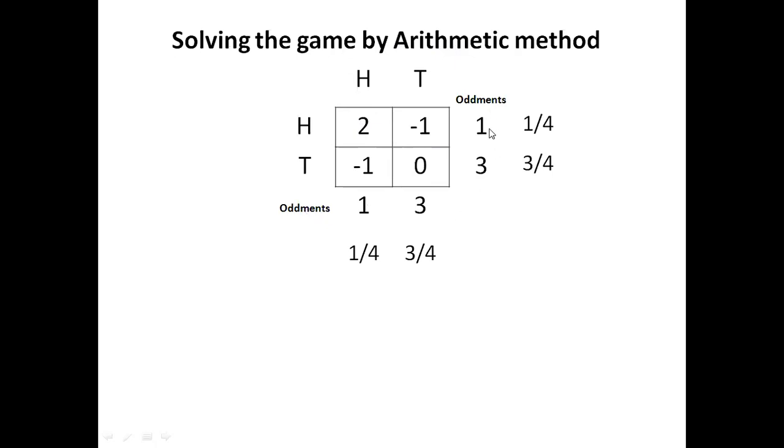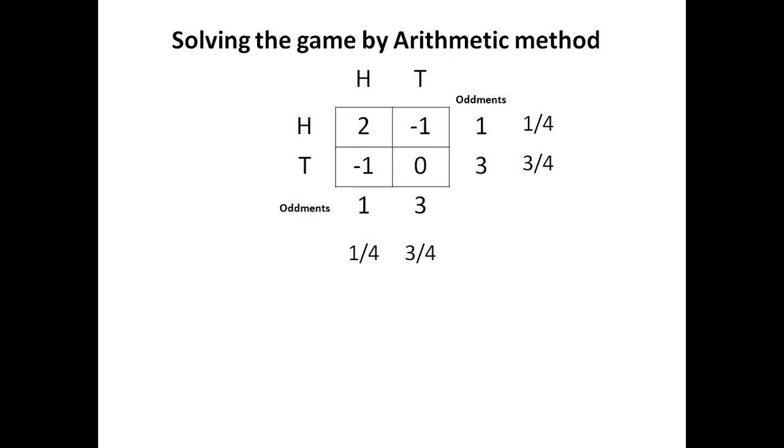Then after finding the oddments, one more thing I would like to clarify here. These oddments are nothing but the frequencies with which the corresponding player is going to play. Let me give one instance. Suppose two teams are playing a cricket one day series, and four matches are to be played in that series.